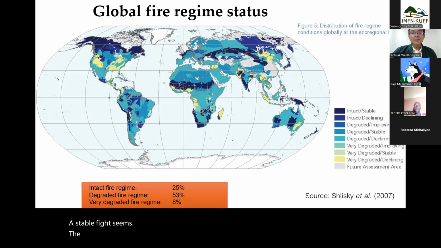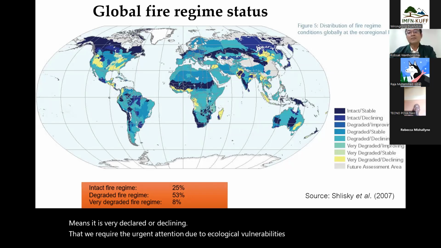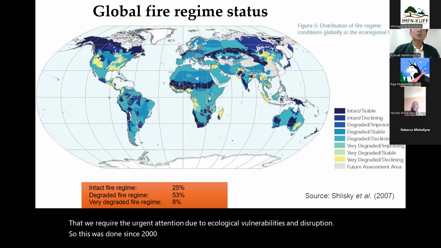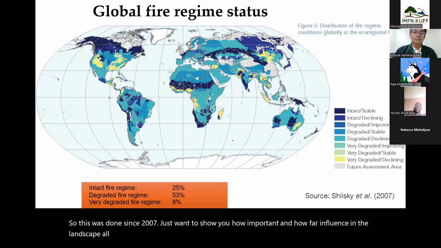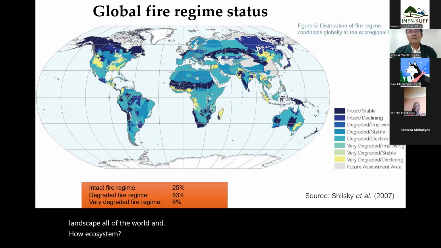The yellow area on the map means it is very degraded or declining, and requires urgent attention due to ecological vulnerabilities and disruption. This was done since 2007. I just want to show you how important and far-reaching the influence is on landscapes all over the world, and how ecosystems are intact or degraded as the result of fire.